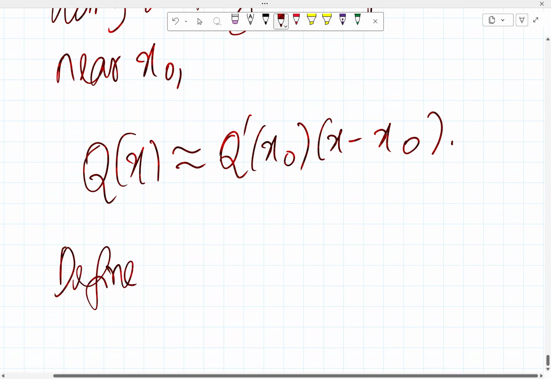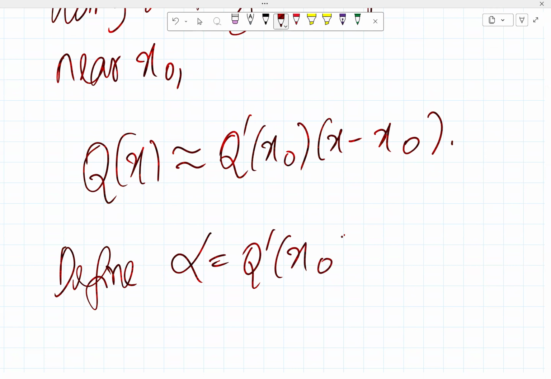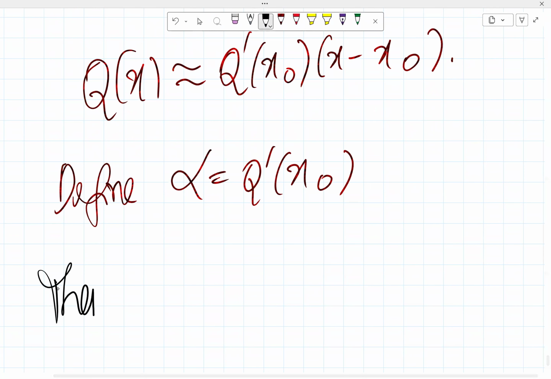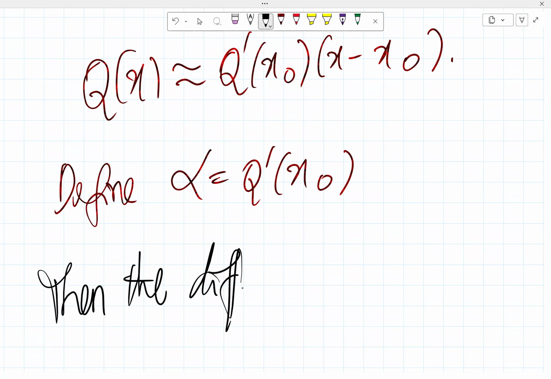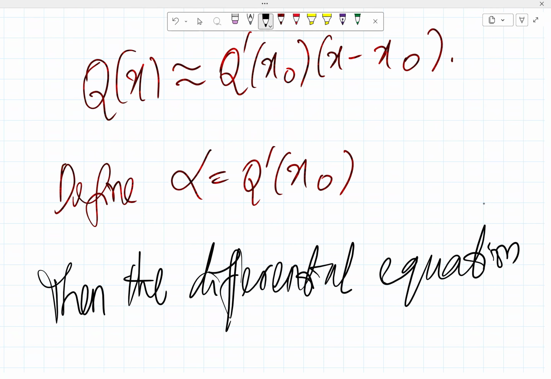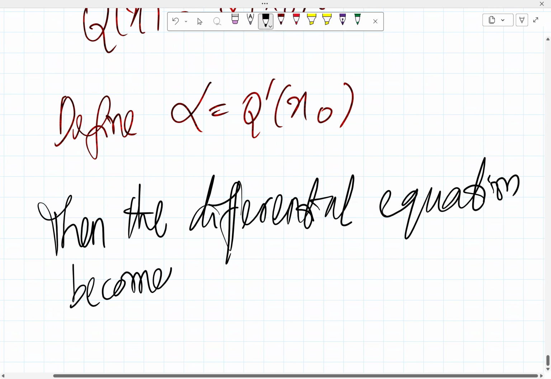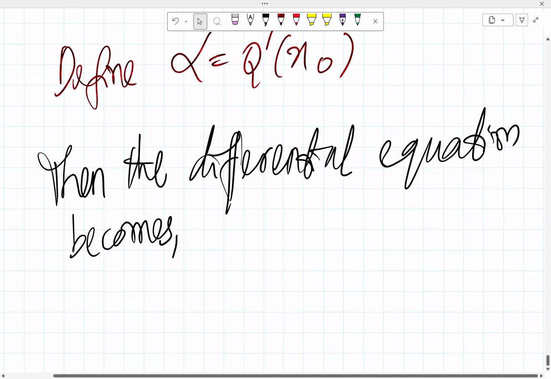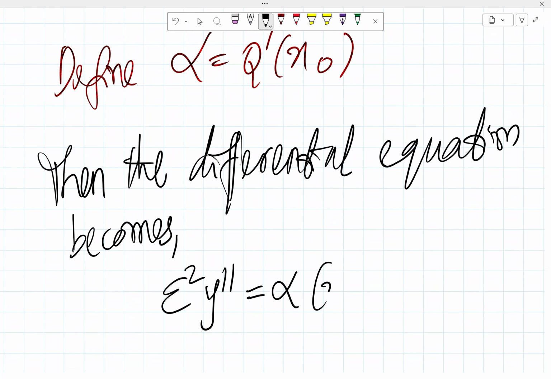So we can define alpha to be q'(x0). Then the differential equation becomes epsilon squared y'' = alpha (x - x0).